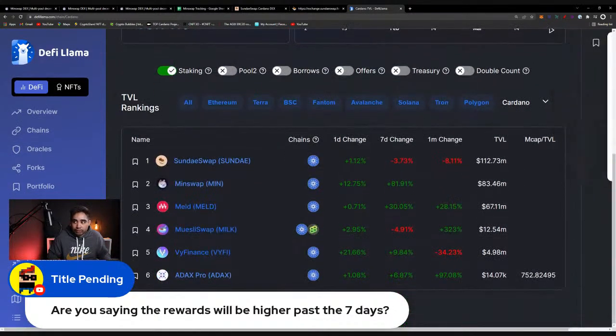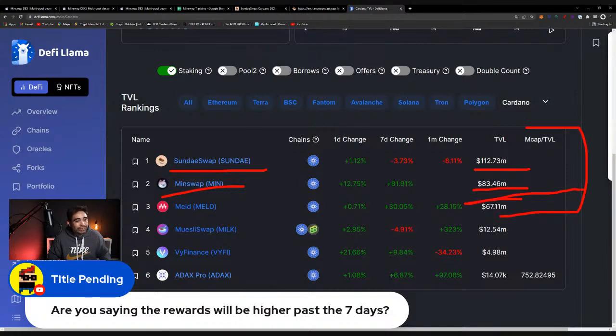Sunday Swap is the first one, and it holds 112 million in terms of TVL. And we now have Minswap with 83 million. You can only do yield farming on these 2 exchanges. You can't do it on Meld, VFinance or MuesliSwap. You can only stake right now. So the only opportunity to do yield farming right now is through these 2 DEX platforms.